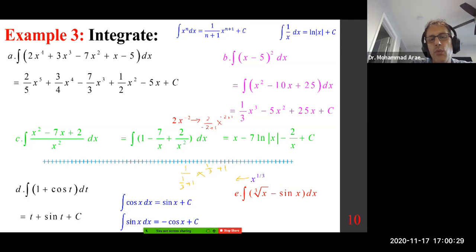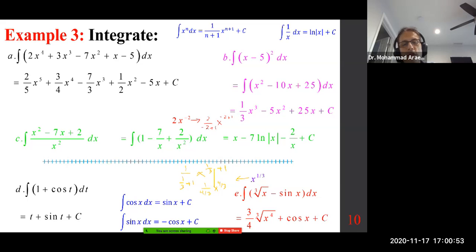Now, 1/3 plus 1 is 4/3. Okay. So 1 over 4/3 becomes 3/4. And then minus sign gives you plus cosine x and then a constant.